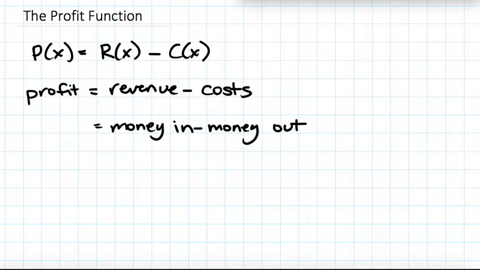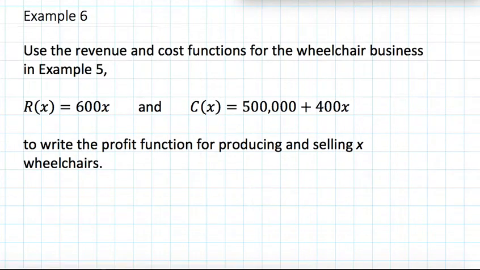So we're going to start by looking at example 6. This is using the same numbers that we used in example 5 for the wheelchair business. We have our revenue function and our cost function, and it says to write the profit function for producing and selling X wheelchairs. So profit equals revenue minus costs.